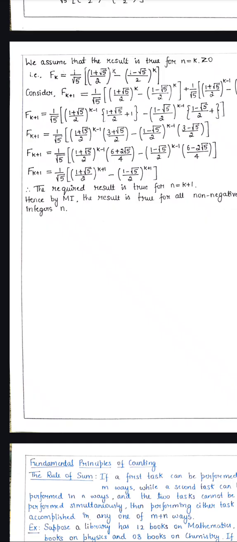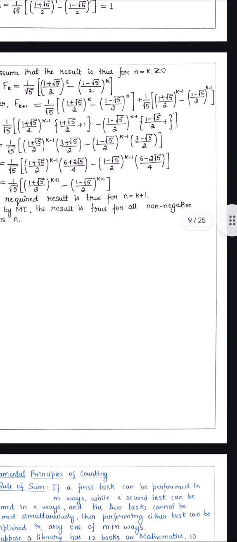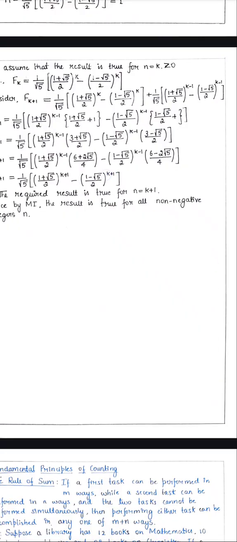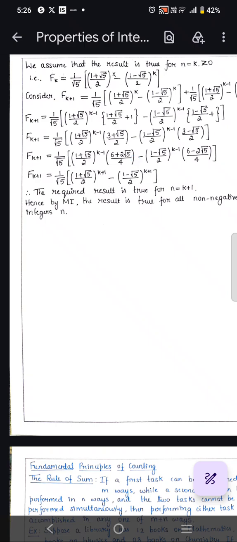So if we consider this, what we will have? Then if we add this, 2 plus that one will be equal to 3 plus root 5 by 2, and then minus, even here also if we add that, 2 plus 1 minus root 5, that is 3 minus root 5.